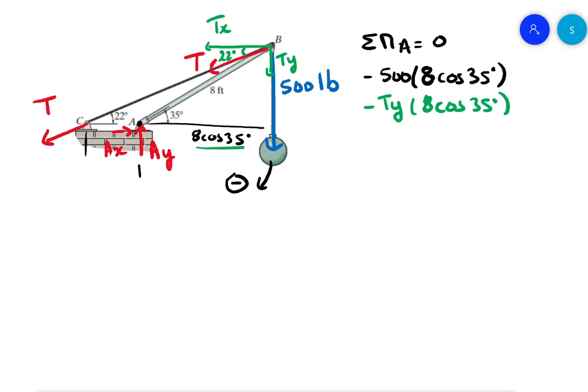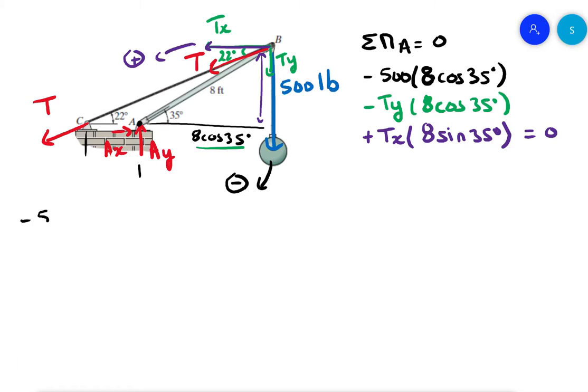Okay. And for the horizontal one, let's make it in purple. The distance that we want is the vertical distance, so that's 8 sine 35. And Tx tends to rotate in the positive direction about A. So plus Tx times 8 sine 35. And everything is equal to 0. So let me write my equation on the bottom.